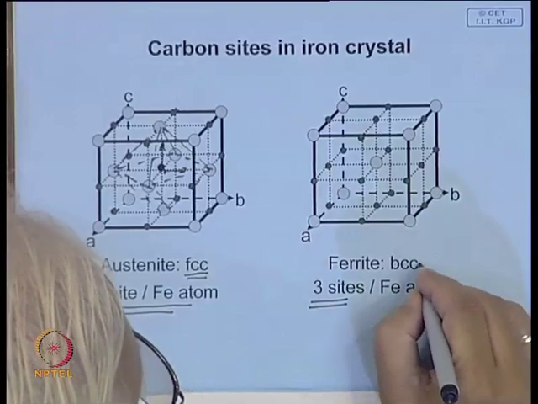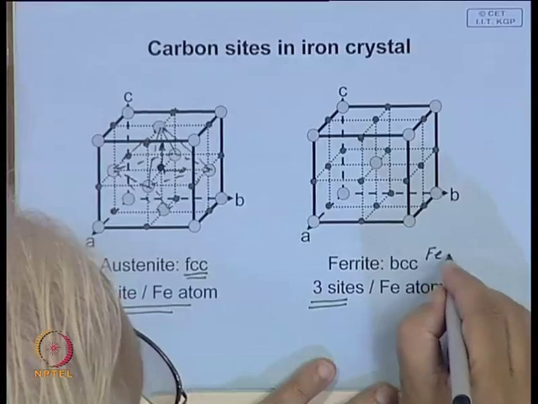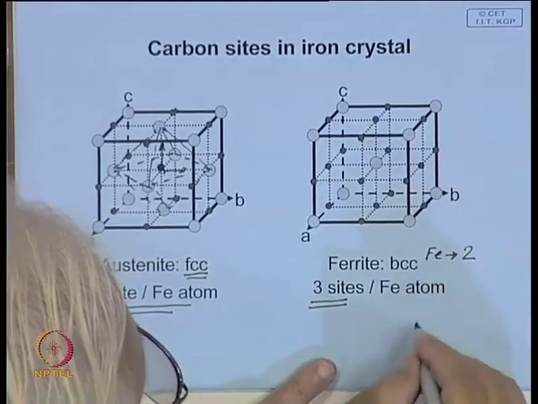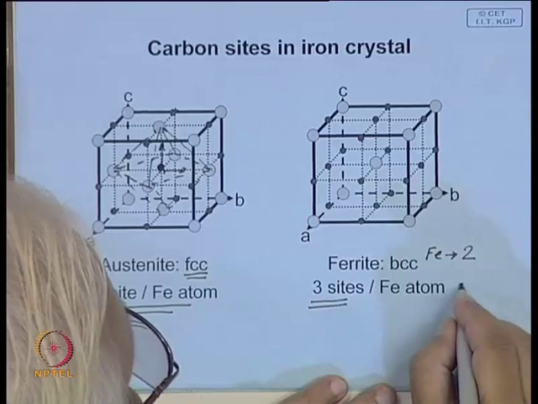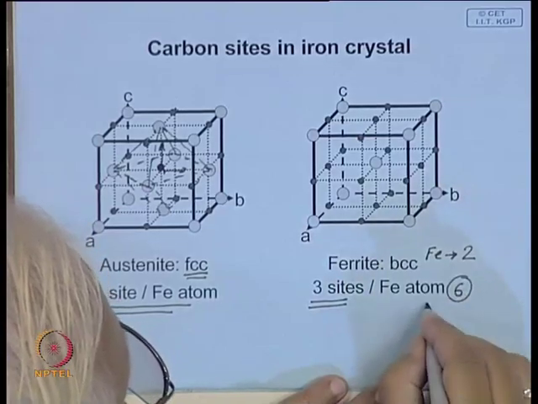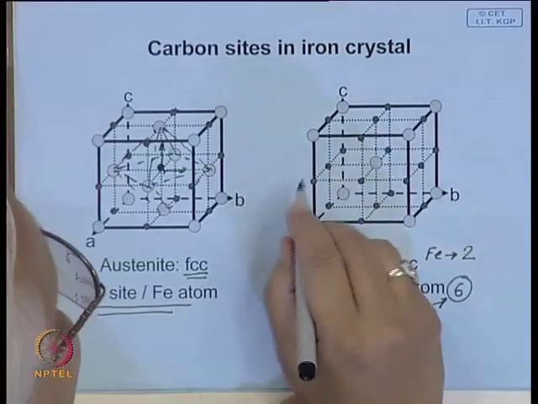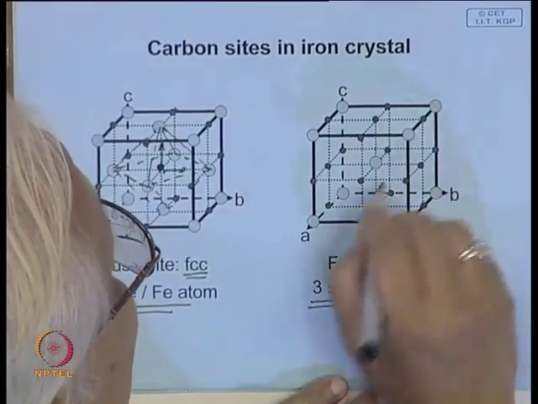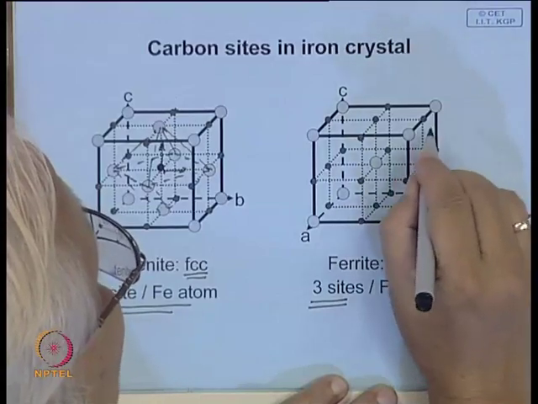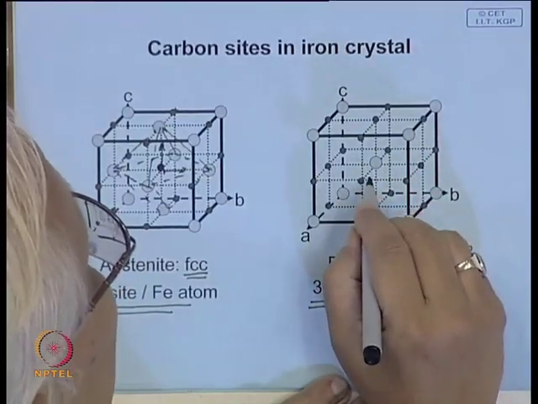That means the number of atoms per unit cell is 2 iron atoms, whereas you can accommodate up to 6 carbon atoms. The sites are available, but the point is, if you look at this octahedron here, the best way to imagine it is that here also you have a similar one, exactly the same.